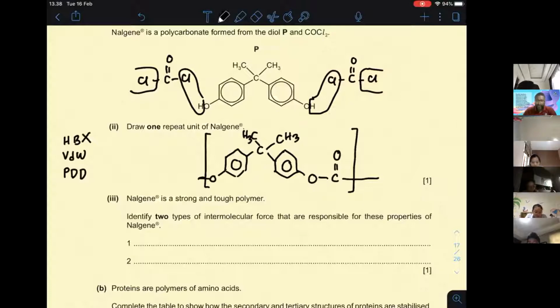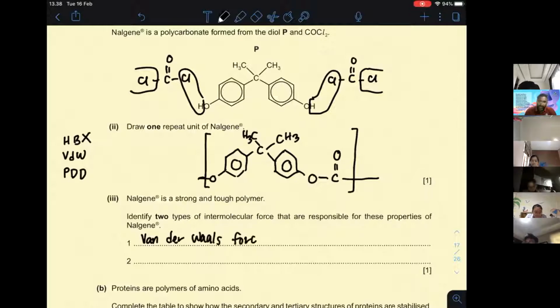So I will have van der Waals forces of attraction. Just put van der Waals forces, and we can also have the permanent dipole-dipole forces of attraction.